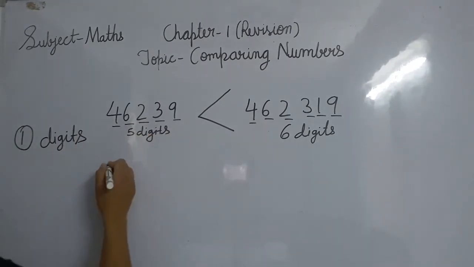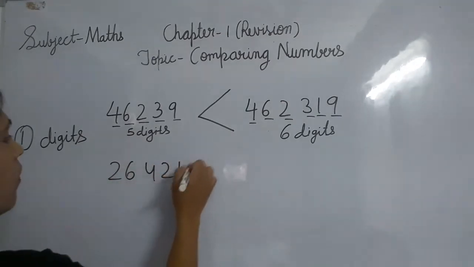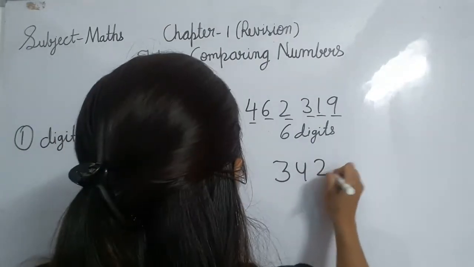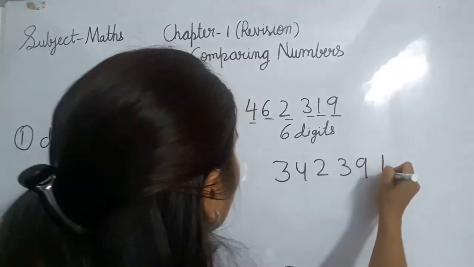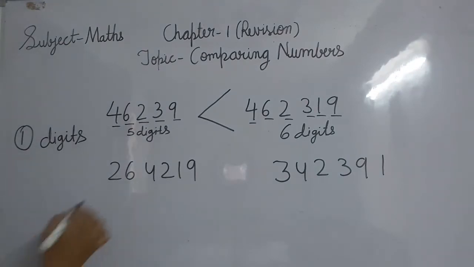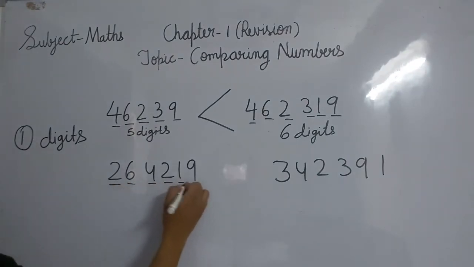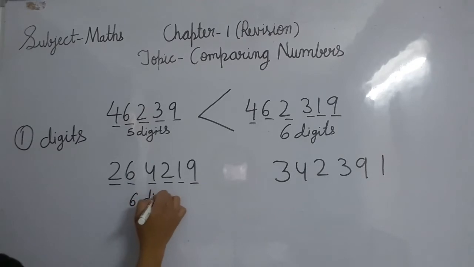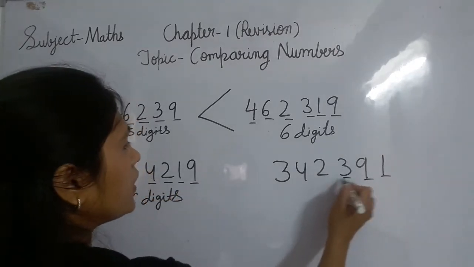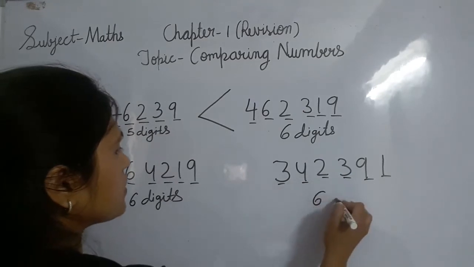I am taking the next example. Yes. Now let's count the digits. 1, 2, 3, 4, 5, 6 digits. And here 1, 2, 3, 4, 5, 6. 6 digits.